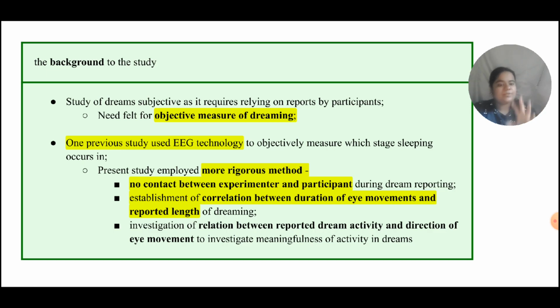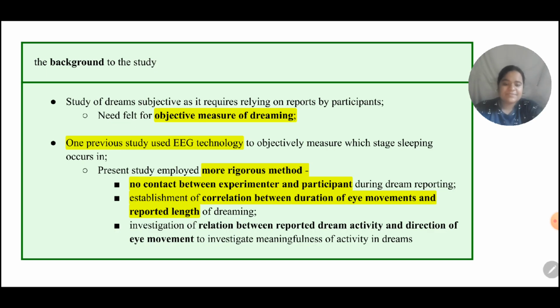For that much time only he's dreaming, because then in future what they would be able to do is just study the EEG activity of the person and say, okay, he's been dreaming for 5 minutes or 10 minutes or whatever duration. Means they would not even have to ask him how long he's been dreaming. Even that they would come to know objectively just by looking at the machine.